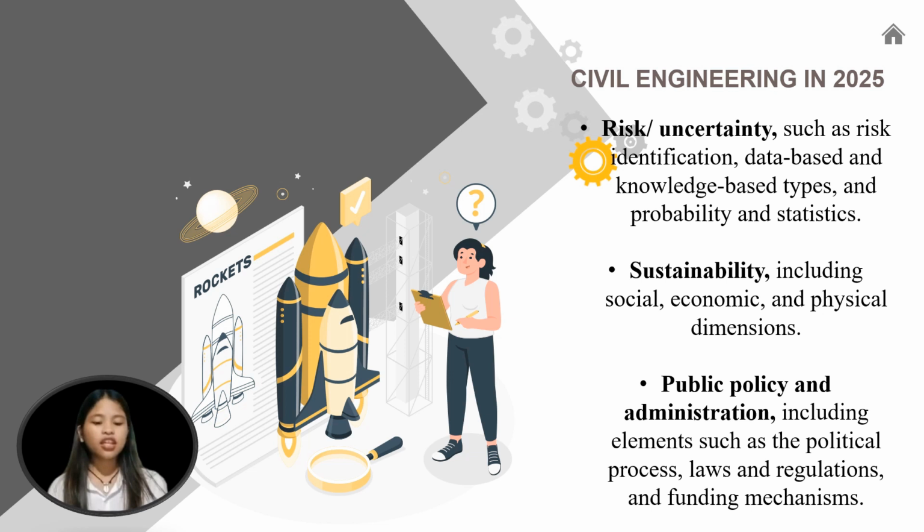Sustainability, including social, economic, and physical dimensions. Public policy and administration, including elements such as the political process, laws and regulations, and funding mechanisms.